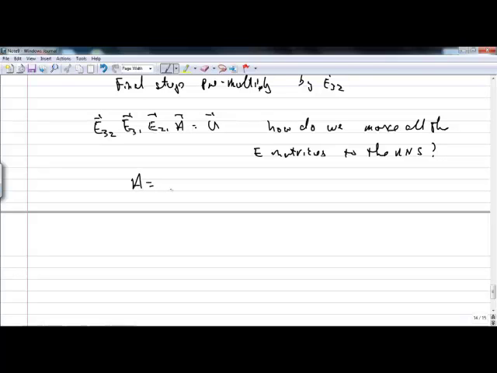To find A is equal to some product times U. And we should note that each of these E matrices is very easy to invert. We have to reverse the order of the E matrices.